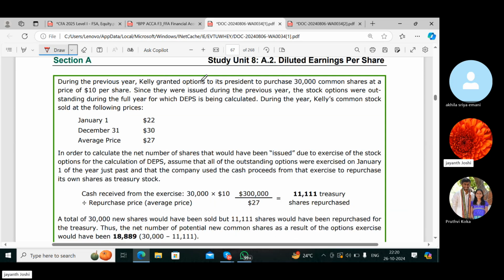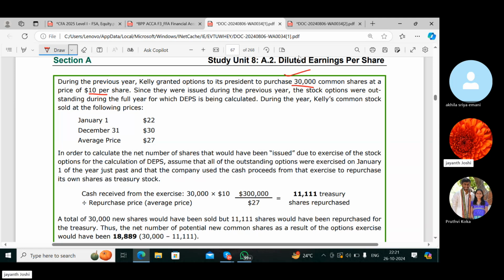During the previous year, Kelly granted options to its president. So this is what Kelly has done. They have granted options to their president to purchase 30,000 common shares at a price of $10. It's a very good option, right?